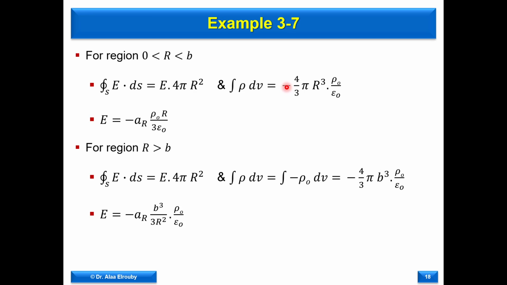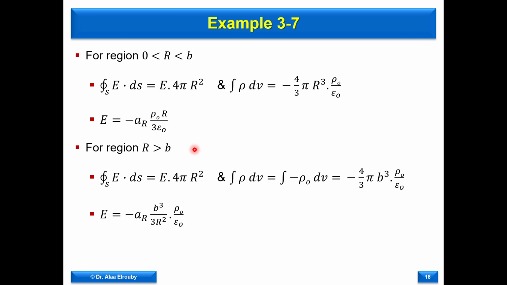Don't forget the negative sign because the charge is negative. Equating the two sides will give us the electric field in the negative r direction, which should be expected because for negative charge, the electric field goes toward the charge, and the value has this expression.